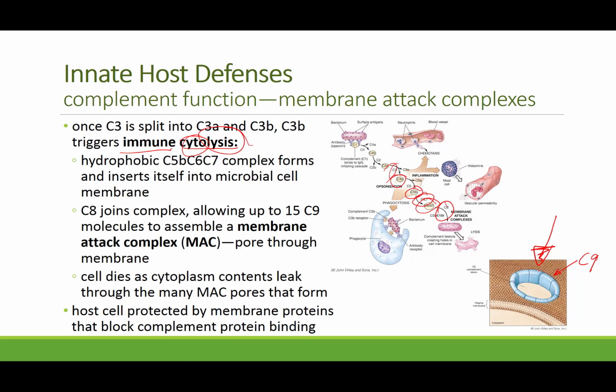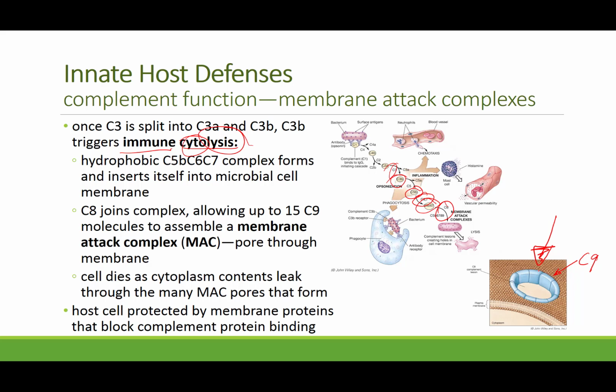And so if it's a bacterium, it dies as the cytoplasm leaks out through these MAC pores that get punched all through the membrane around that microbe. If it's a virus, then that lets in enzymes or whatever that will inactivate the virus. So these immune cytolysis effects of complement are very, very important as well.